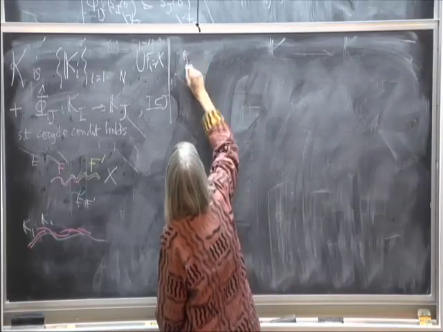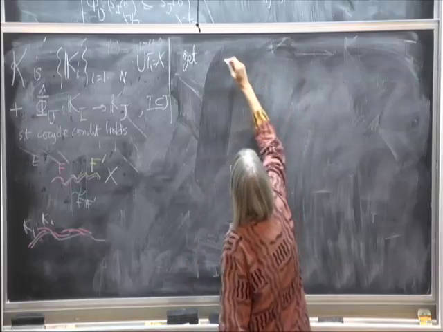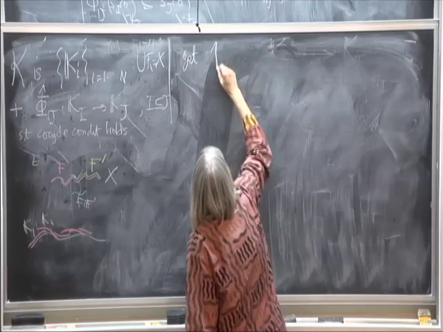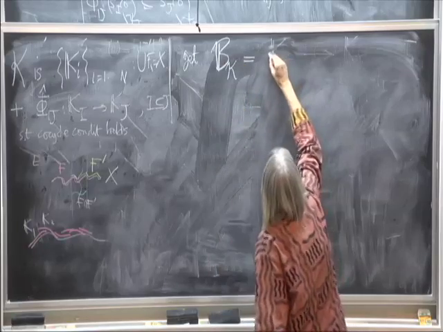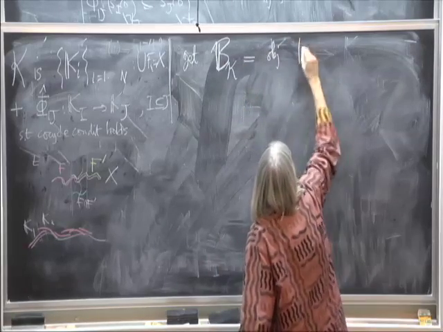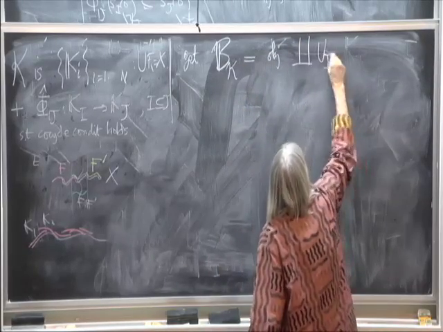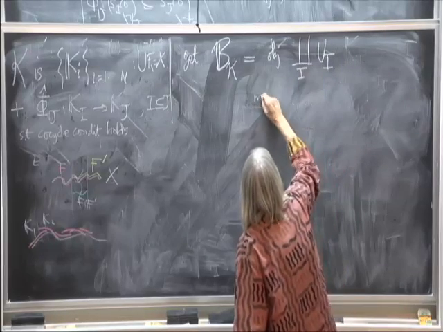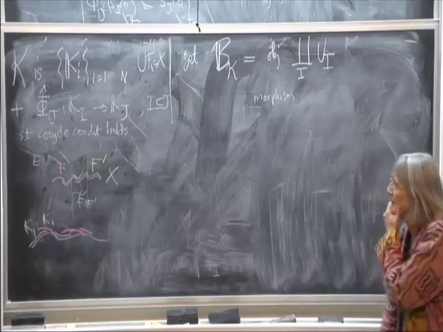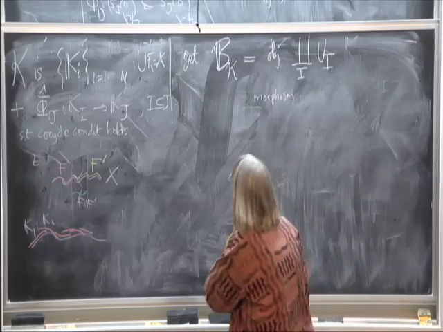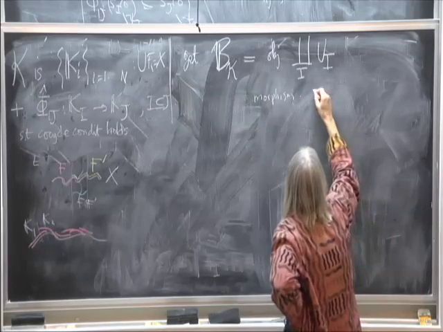You get a category. Well, you get a bunch of categories. You get the domain category, B of K, which is a category whose objects are just a disjoint union of all the U_I's. And the morphisms are given by, well, you have the identity morphisms.